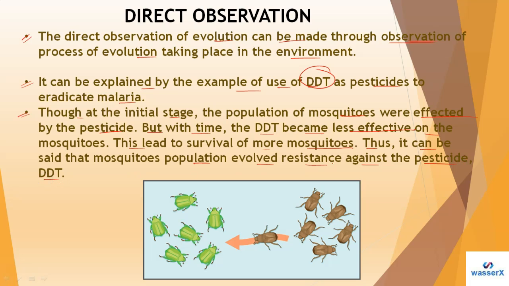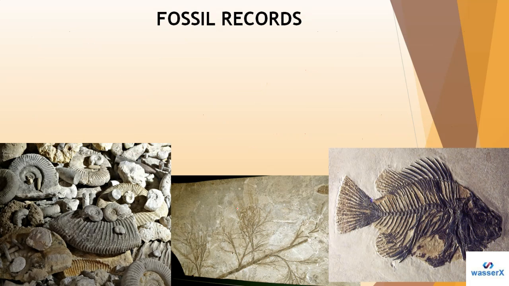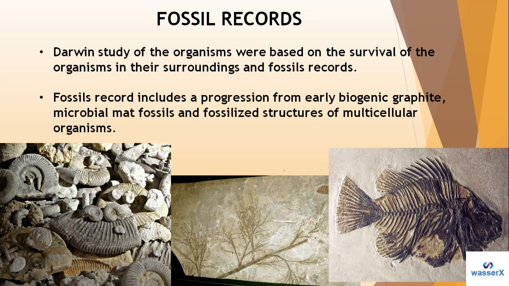Students, as you can see in this picture, let me take you further now. We have the fossil records. In this picture, students, we have two points. Darwin studied organisms based on their survival in their surroundings and on fossil records.